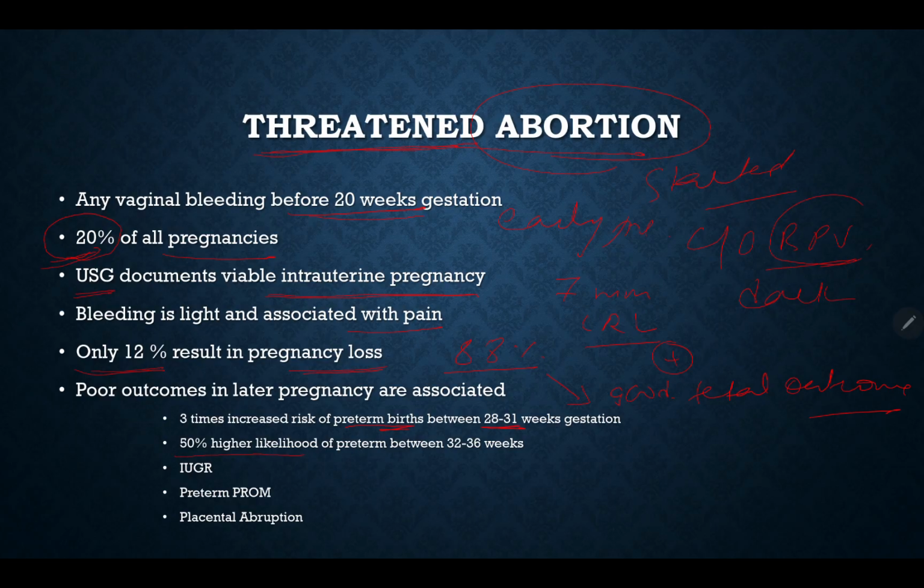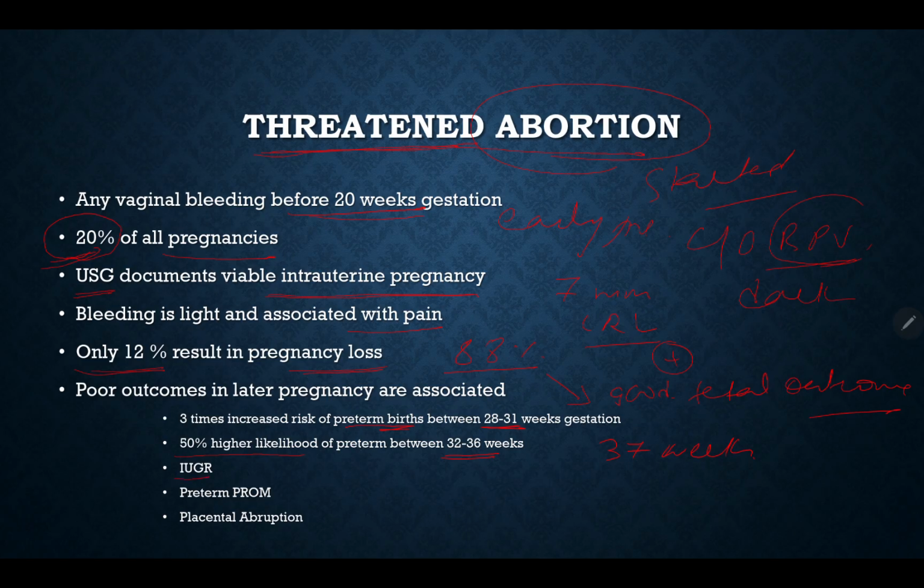There is a 50% higher likelihood of preterm birth between 32 and 36 weeks. So you can understand that 50% of such pregnancies are not going to reach term, that is 37 weeks. This is very much important, but at 32 to 36 weeks the outcome of the baby is better.